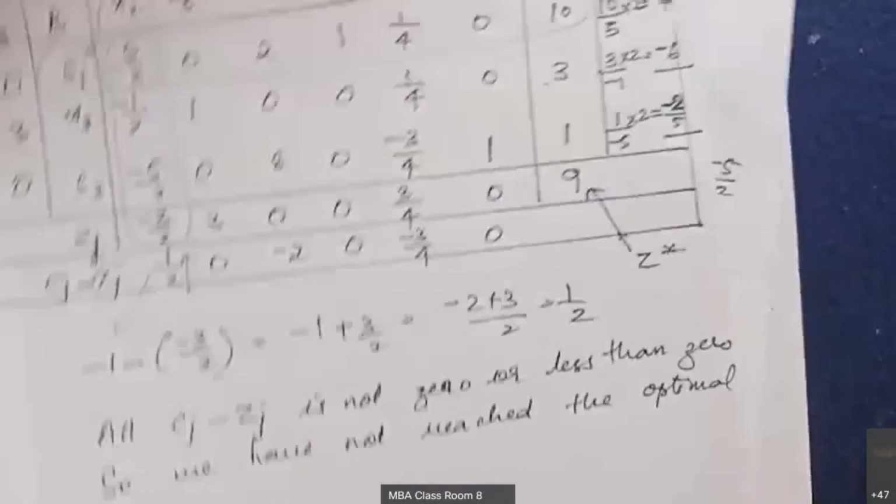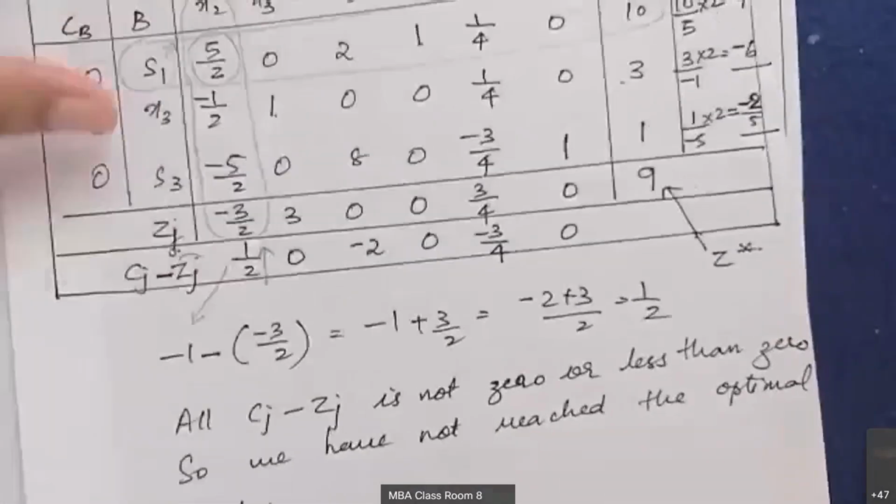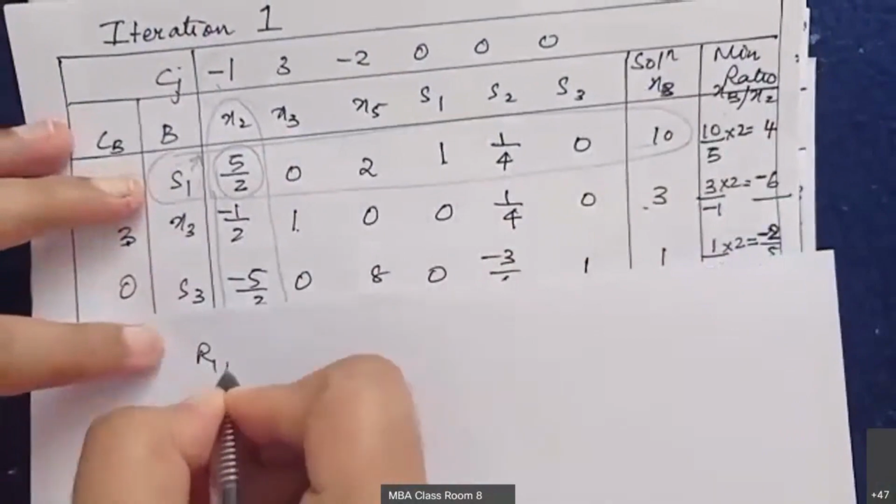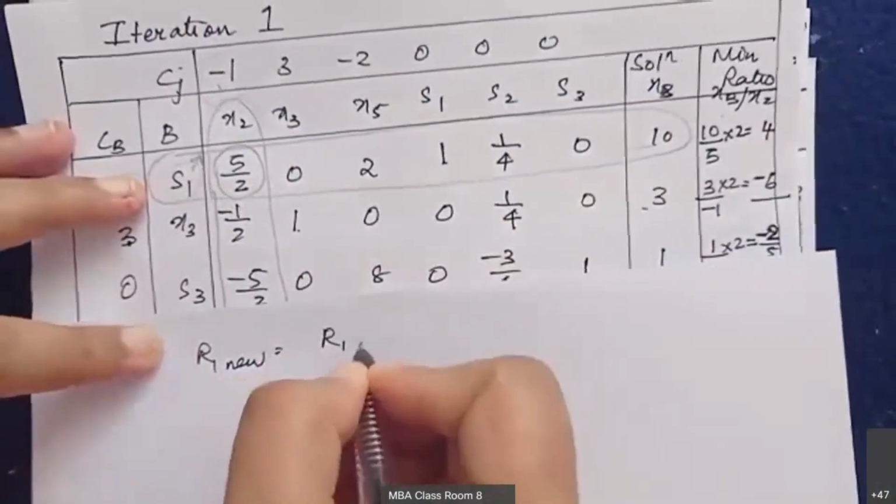Once we have done this much, we have to do the row operations. Perform the row operations. Here the key row is the first row. So R1 new is equal to R1 old divided by 5 by 2.